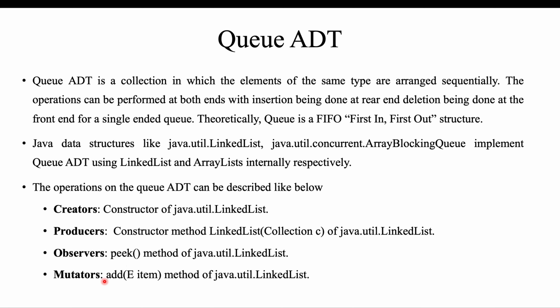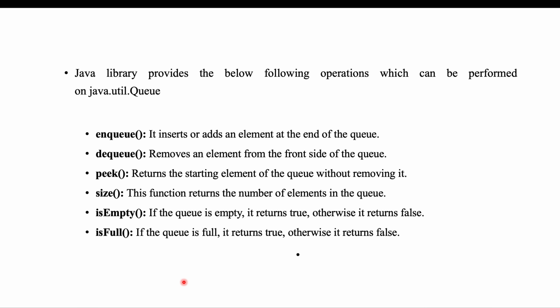We have mutators, where it is mentioned add e item, that means it is a method in the linked list queue ADT where you can add an element. So these are some of the operations which are done using the java.util.queue ADT or package. Here enqueue is a method, dequeue is a method, peek, size, isEmpty, isFull.